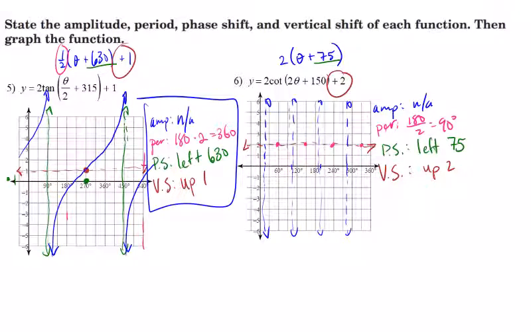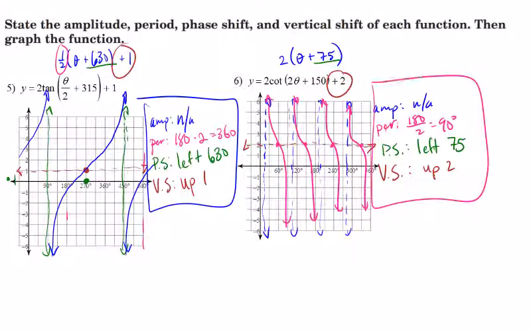So we're going to have something like this, looks like this. Right, so it doesn't have to be perfect. It kind of has those main features that we talked about. All right, so that's how you graph tangent and cotangent. So let me know if you have any questions, and we'll practice this in class.